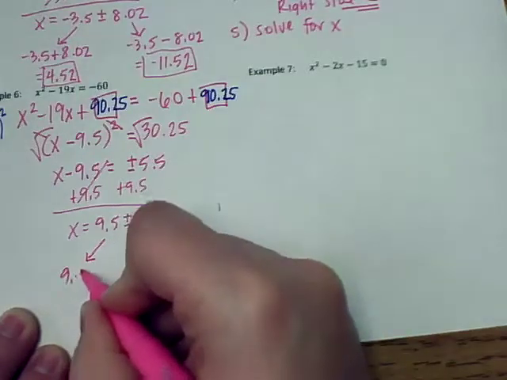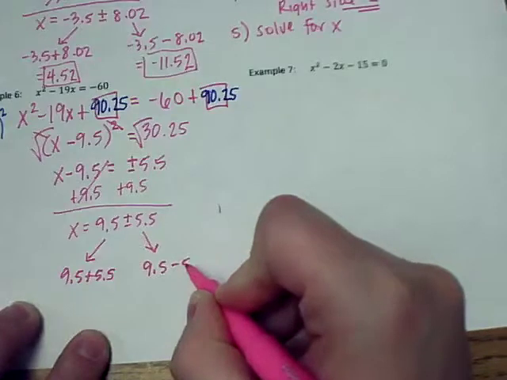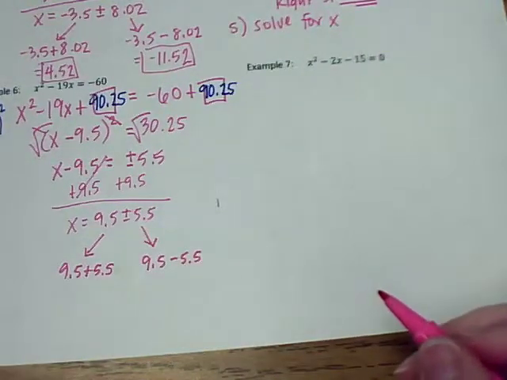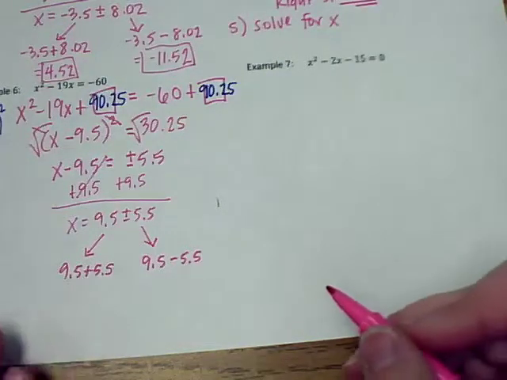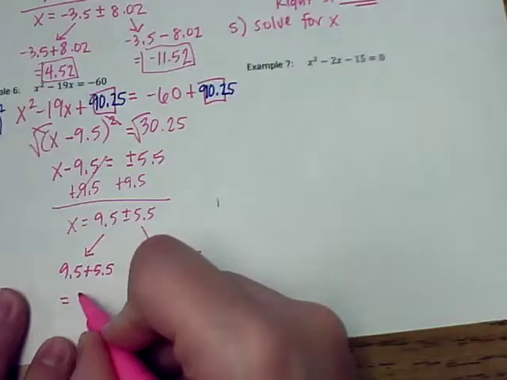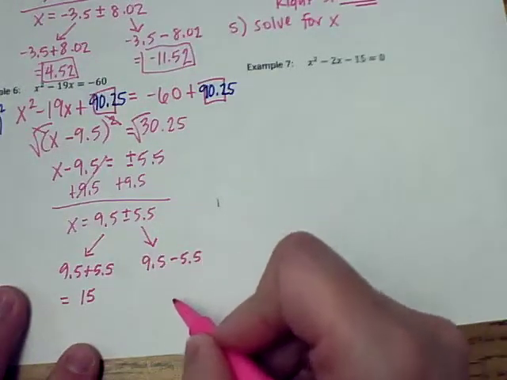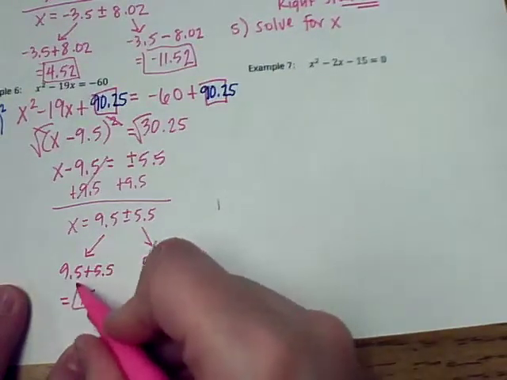So I'm going to have 9.5 plus 5.5 and 9.5 minus 5.5. If we add them together, 9.5 plus 5.5 gives me 15. If I take 9.5 and subtract 5.5, that gives me 4. So there are my two solutions.